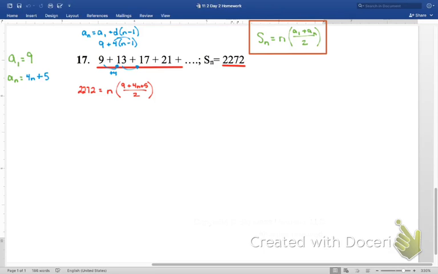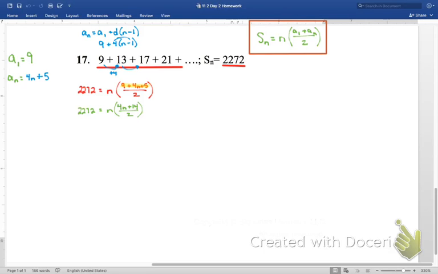So then the first thing that I'm going to do is take what's up here and combine that. I'm just going to leave the 2,272 on the left side. N times, I'm going to rearrange, 4n plus 14 all over 2. Now, here's where you can really change what you want to do and how you want to go about it.